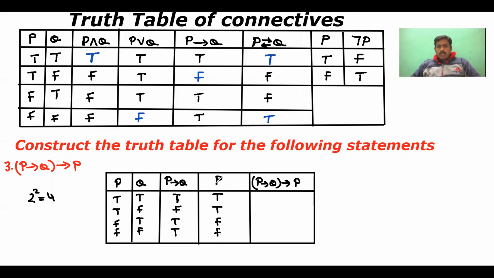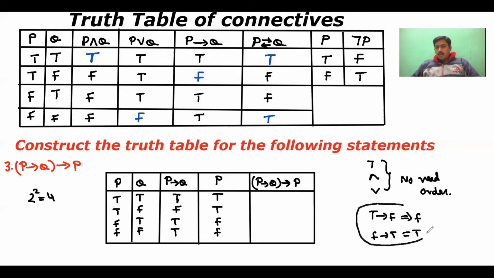Why I have rewritten the term like this: here for negation, conjunction, disjunction there is no need of order. When we come to conditional, we must confirm the order because T then F is only F. F then T is T. So when you are applying the conditional, we must concentrate on the order.